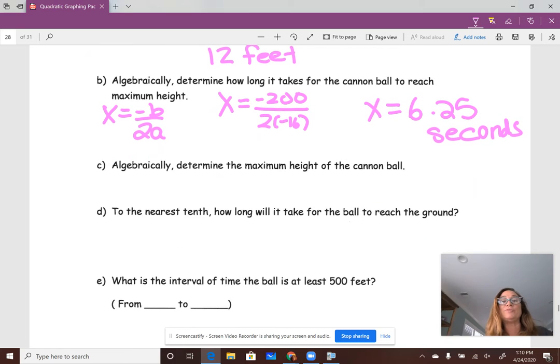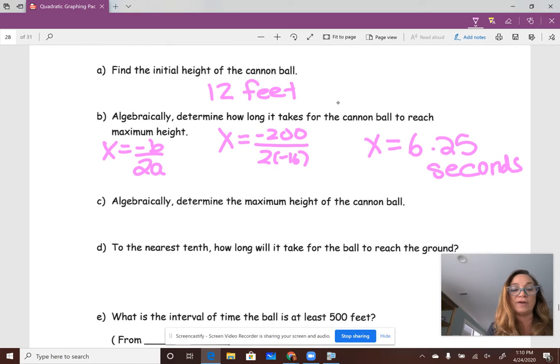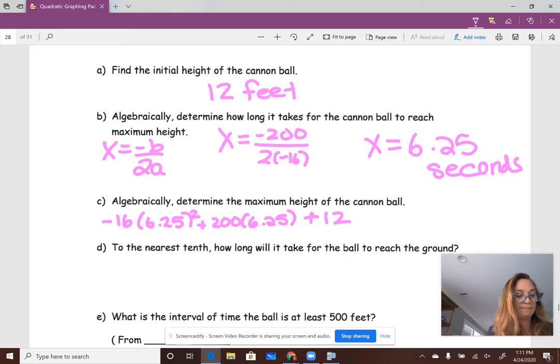Okay, algebraically determine the maximum height. Well, the maximum height occurs at 6.25 seconds. So I can just plug that 6.25 seconds into my calculator. So I got this, it's right here, negative 16, 6.25 squared plus 200 times 6.25 plus 12.